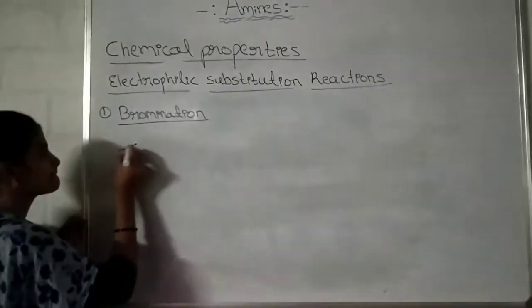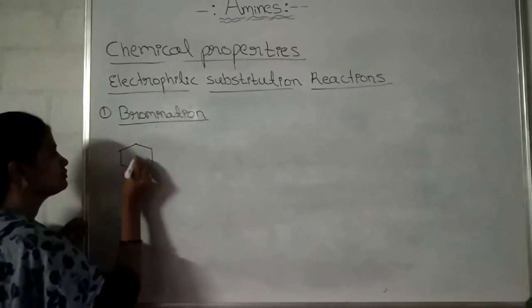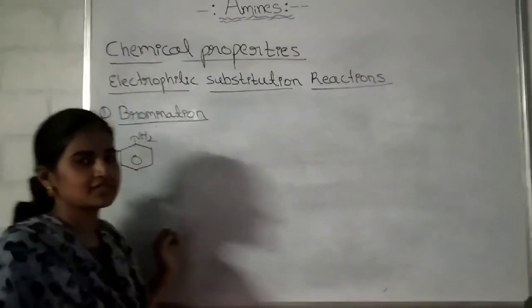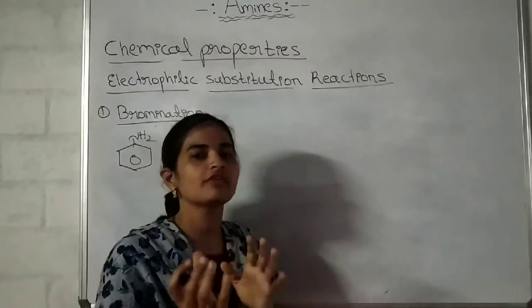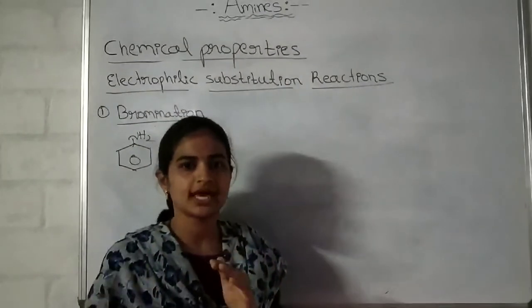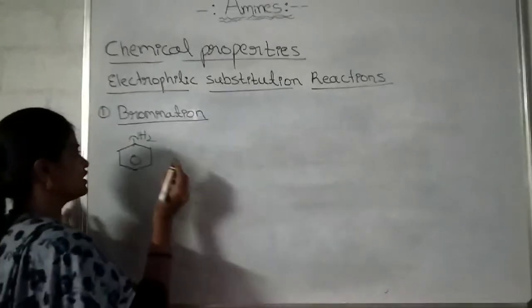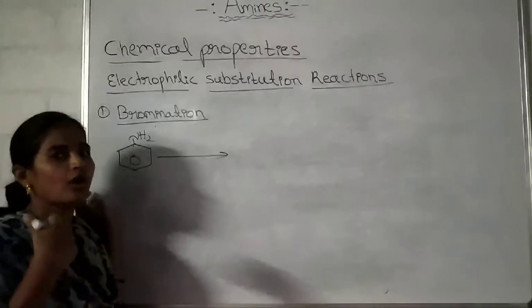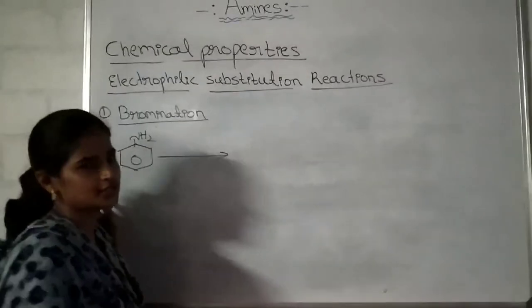See here, aniline is there. Acetylation we have studied already, means what? Substitution of the COCH3 group, the acetyl group, is called acetylation. That can be done by using an acid chloride or anhydride or even an ester.